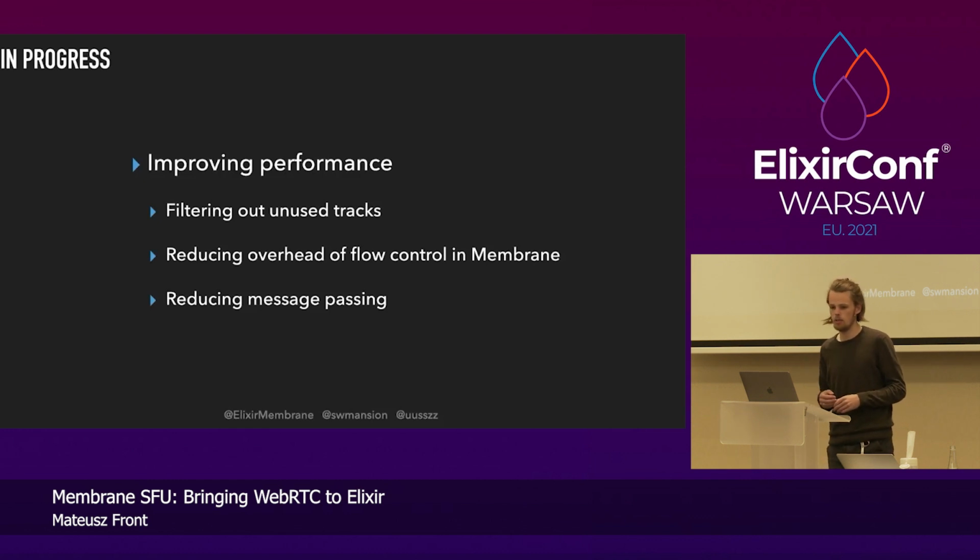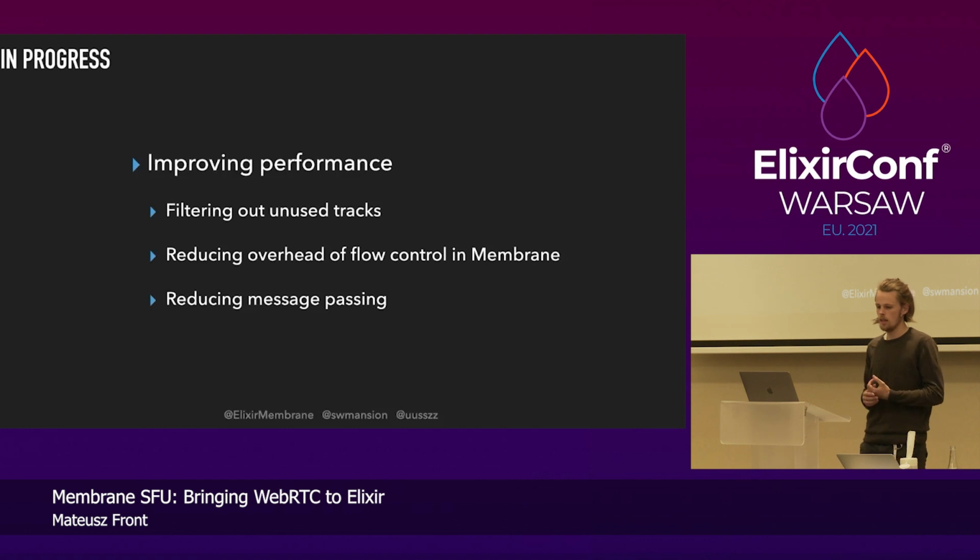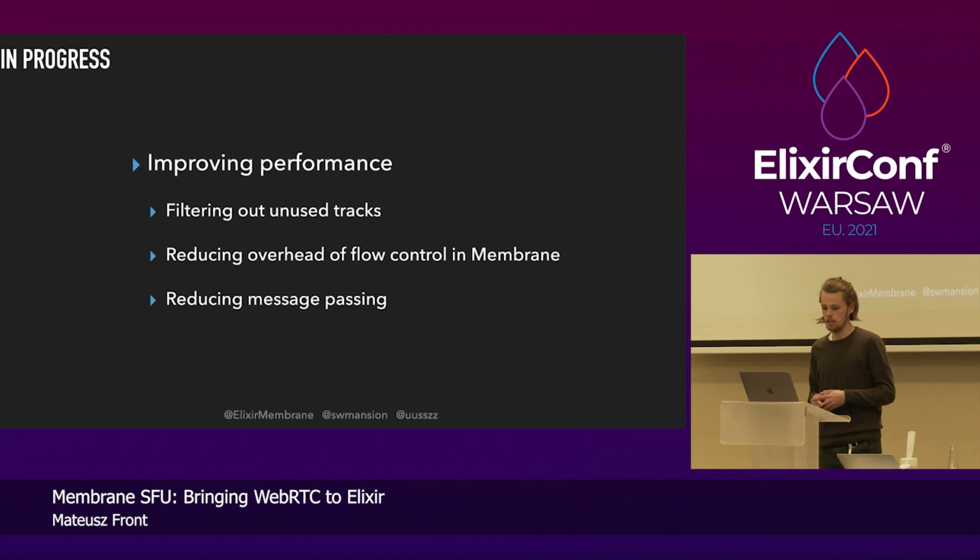So we are working now on reducing that, and also reducing message passing, as you saw already that we receive tens of buffers per second. Sending them all as separate messages is quite CPU intensive.